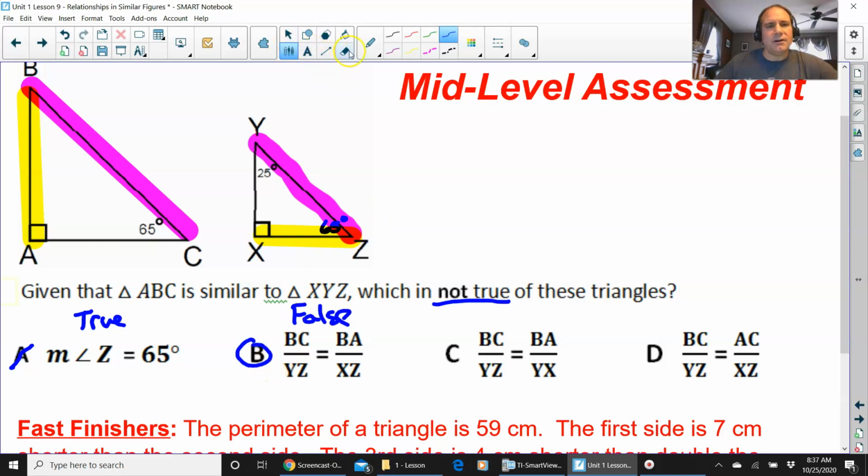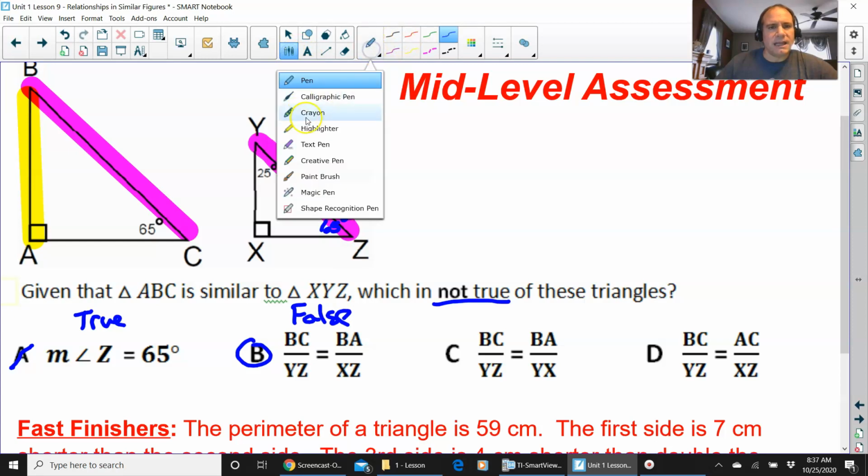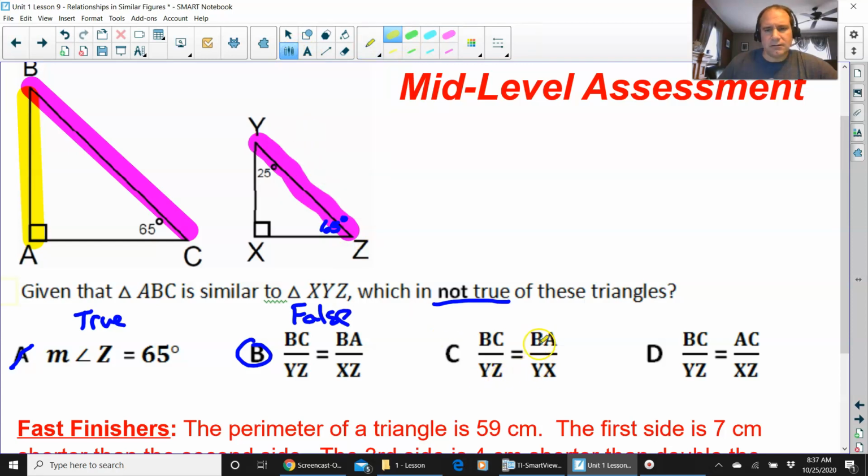Just to move on to another one, this is BC over YZ. That's good. And then BA over YX. That's true. That's good. Matched up corresponding sides.